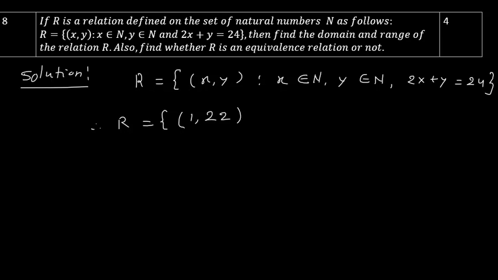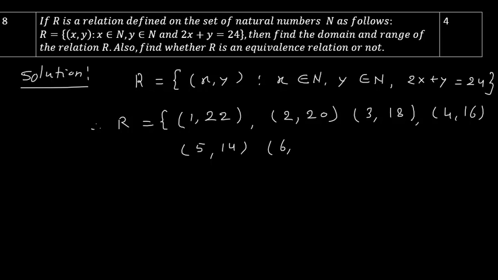It is 2 into 1, 2, plus y equals 24, so y is 22. In the same way, when I take x equals 2, y becomes 20. When I take x equals 3, y becomes 18, 18 plus 6, 24, and so on. When we take 4, it becomes 16. When I take 5, it becomes 14. When I take x equals 6, it becomes 12. When I take x equals 7, it becomes 10.